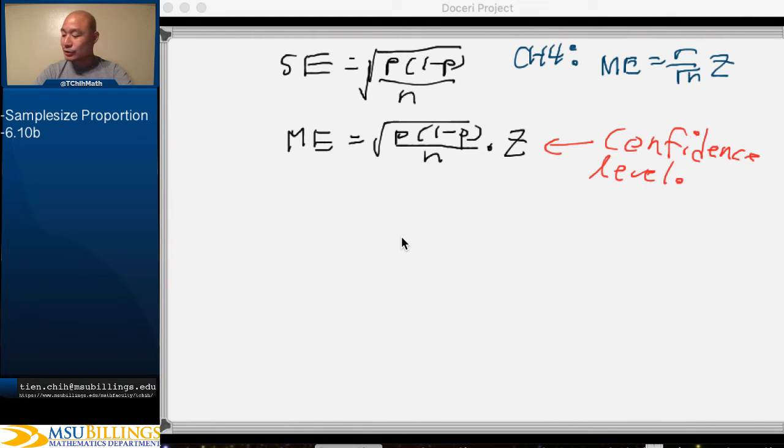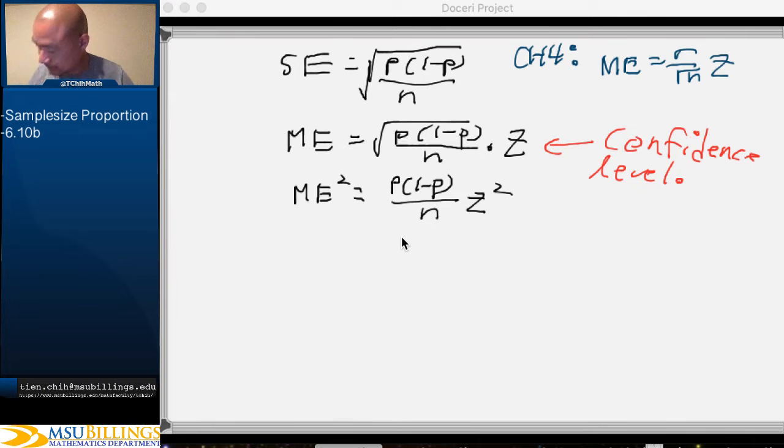And so, as usual, we want to find an expression for n, and we could set this up in the same way. If I square both sides, then on the left I get the margin of error squared, the square root dies, and my z is squared.